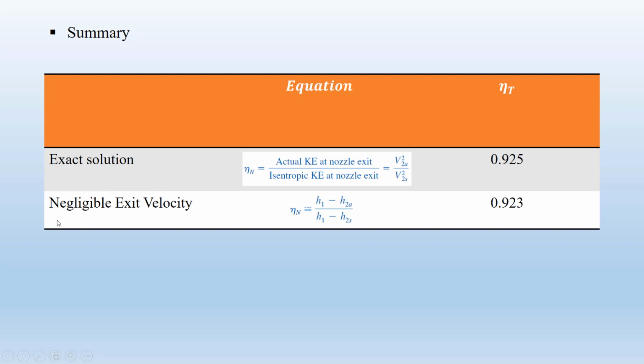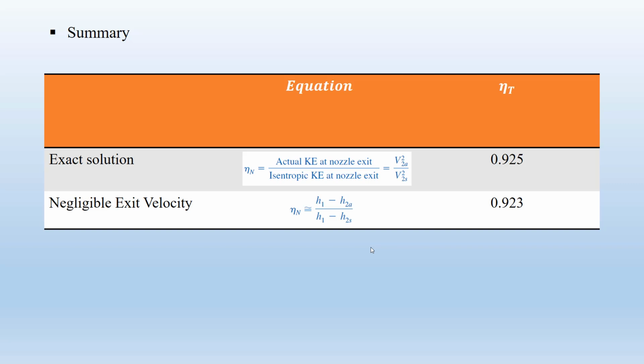I will fix this typo in my actual PowerPoint. This is the negligible inlet velocity, not the exit velocity. So yeah, and then look, the results are pretty close by using these two different methods for this specific problem.